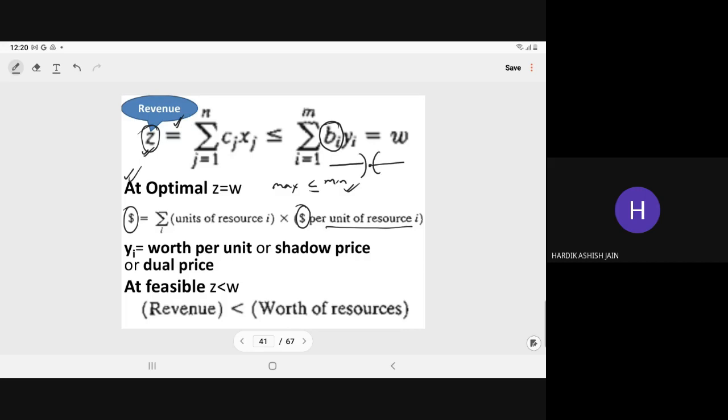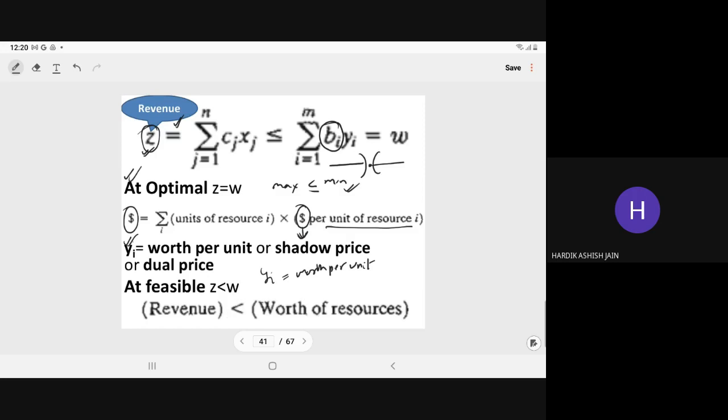So that's why these y are known as the worth per unit, or shadow price, or dual price. So this dual variable is the worth, the importance of the particular resource.